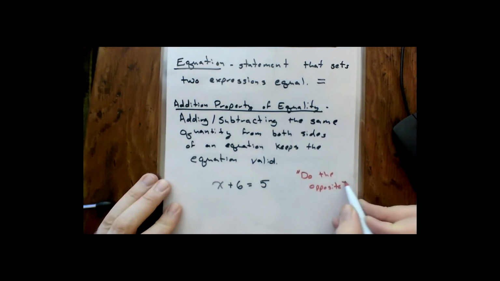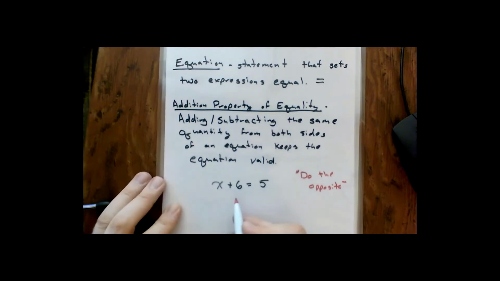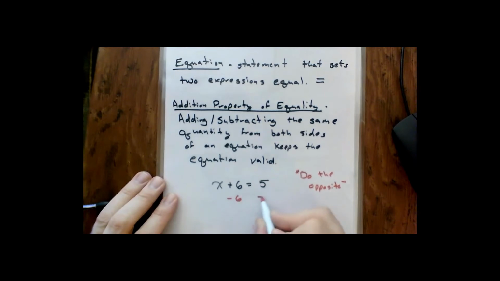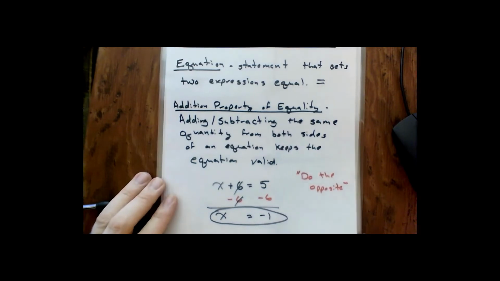Our original equation states we're adding 6 to x. So to undo this and isolate our variable, we're going to subtract 6 from both sides of our equation. And when I do that, 6 minus 6 is 0, so I'm just going to have x is equal to -1. So that's all we needed to do to solve that first equation.